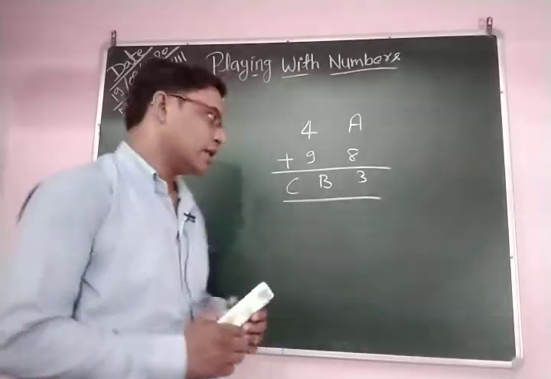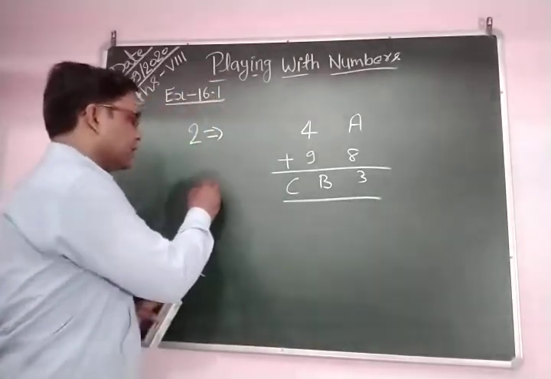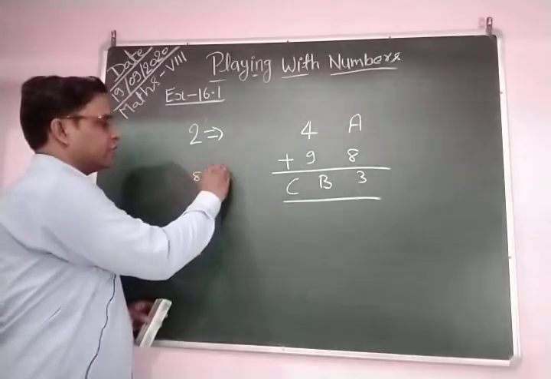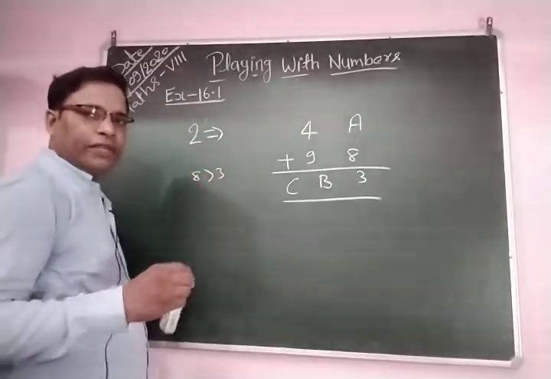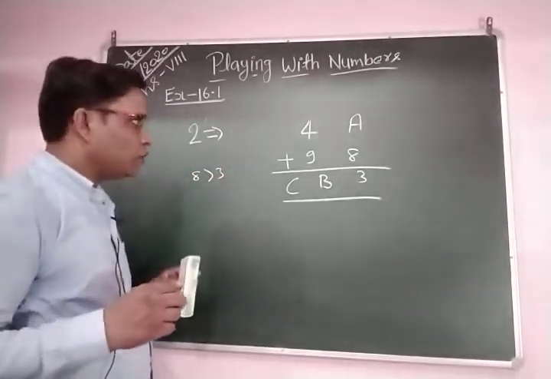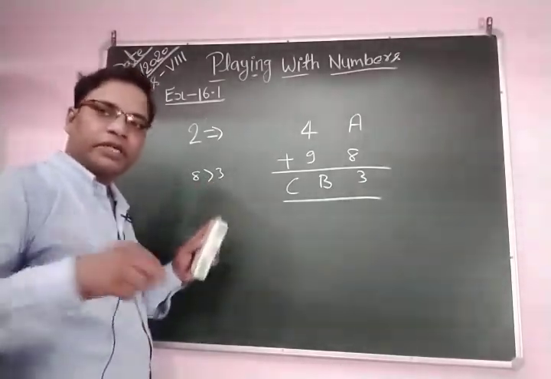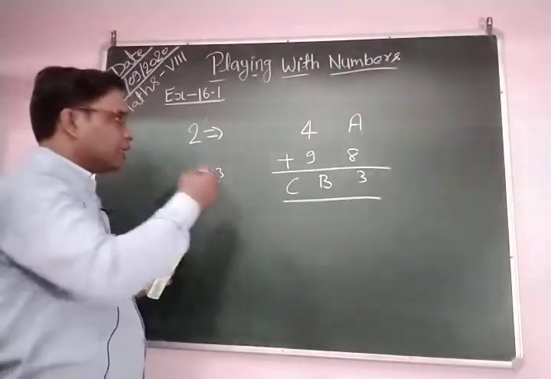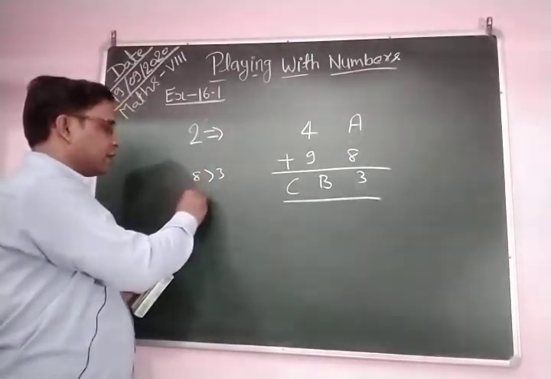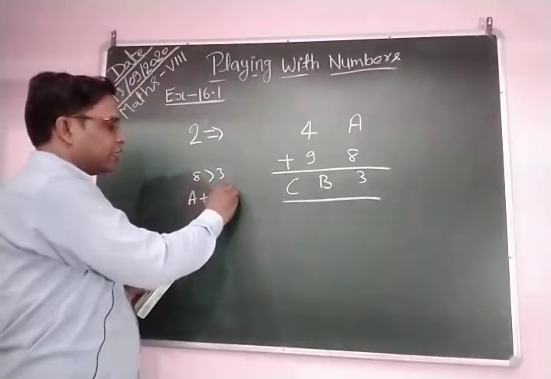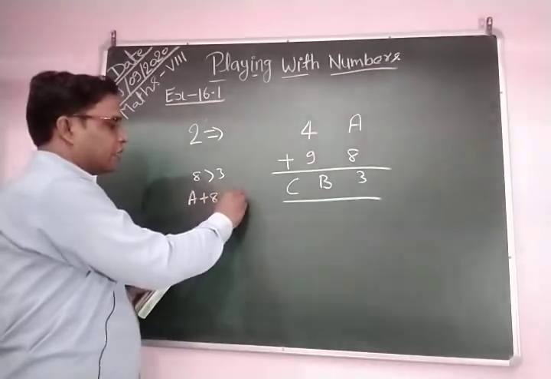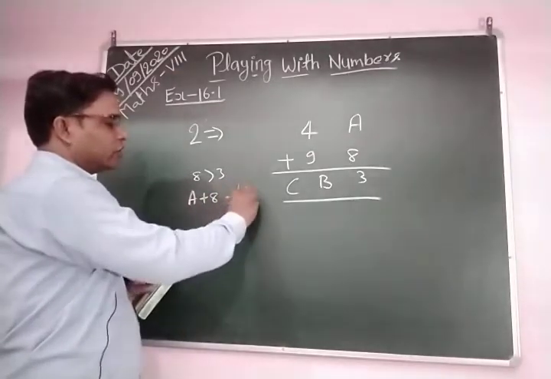Okay, this is clear. 8 is always greater than 3. If you add any number to 8, it is not equal to 3. If you take A plus 8, this is never equal to 3.